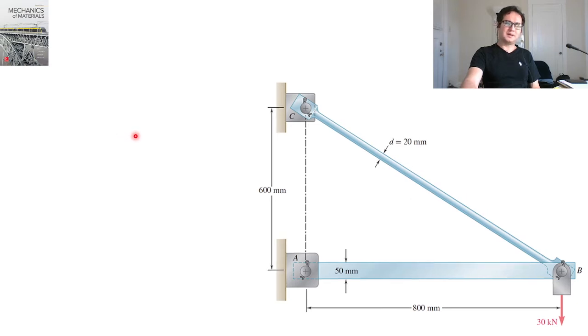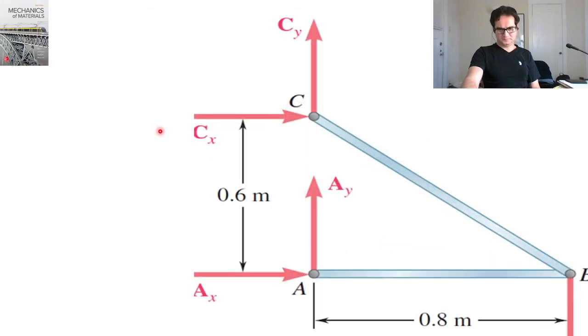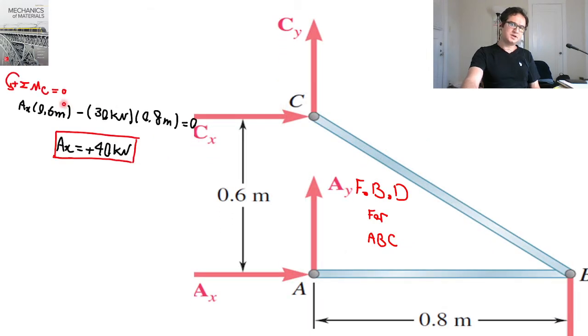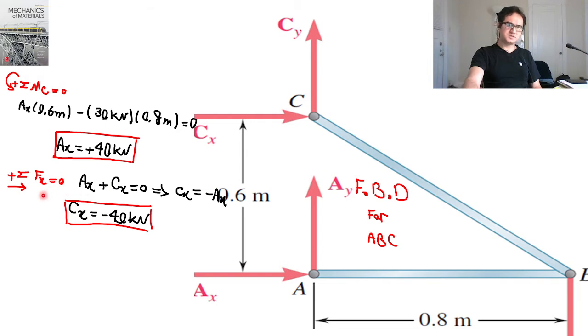To approach this kind of problem, the very first step is to draw a clear free body diagram of forces. As soon as you have that, by summation of moments about, for example, point C, you can calculate Ax equal to 40 kN, and summation of forces in the X direction gives you Cx.